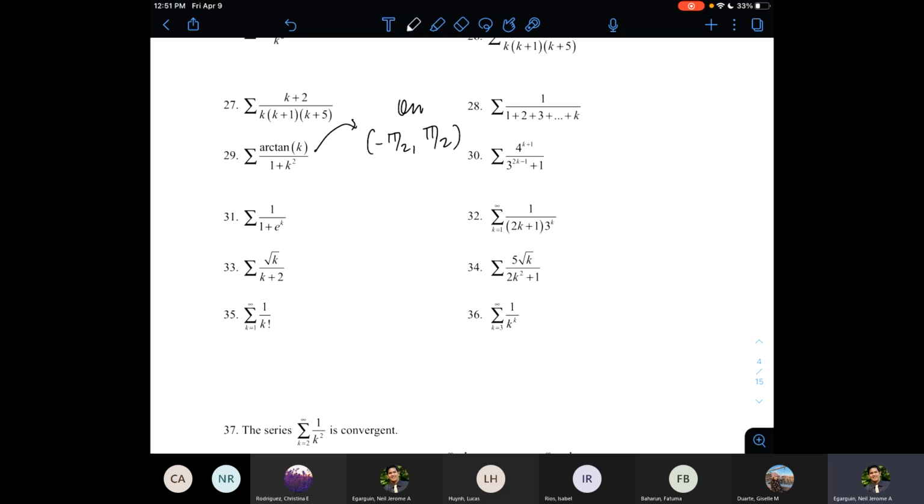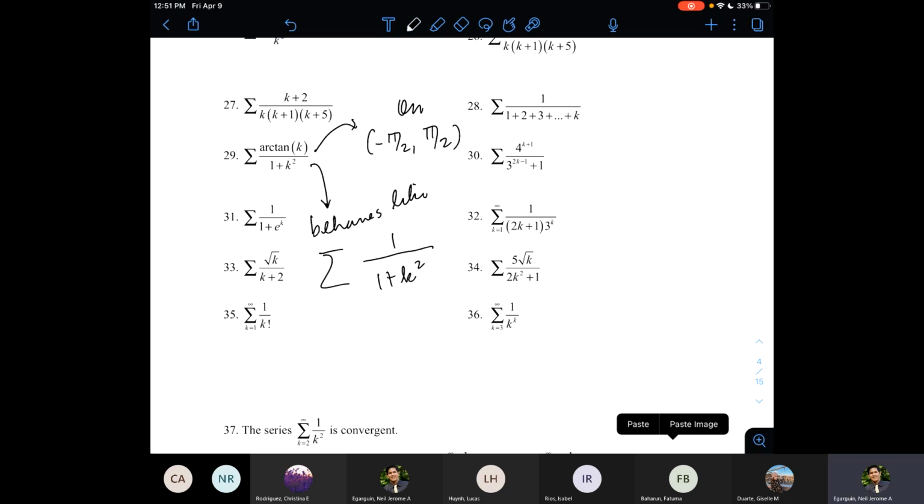So it is a constant, right? So we know that this behaves like the summation of a constant all over 1 plus k squared, all right?